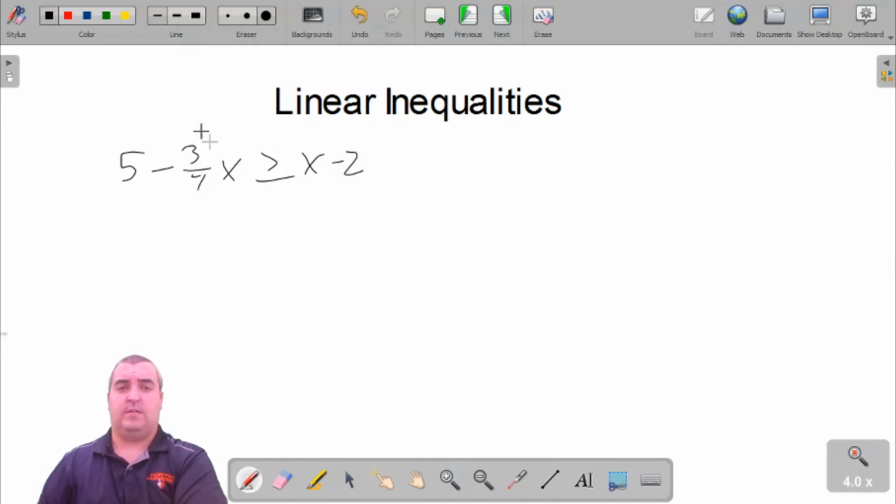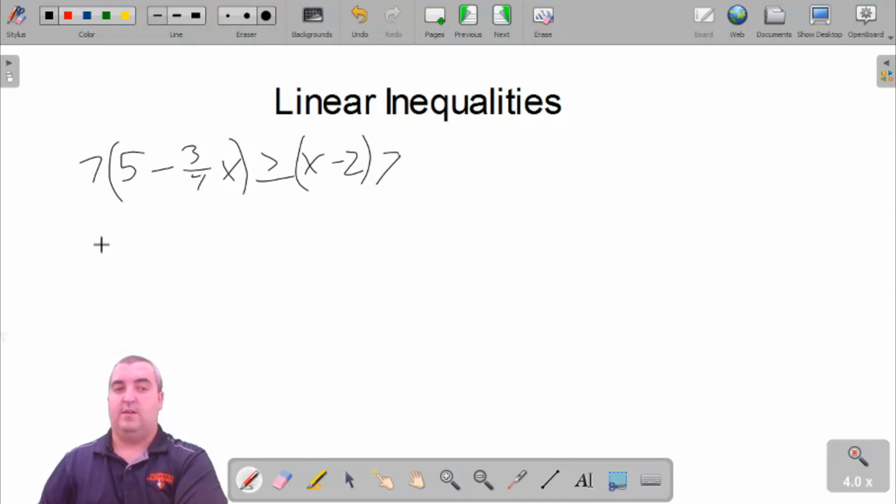So with this one, we see this fraction in here, and I know a lot of students don't like fractions. So when you're solving this, if you have one fraction or even a couple fractions, it might be a good idea to multiply by the common denominator to both sides. So I'm going to multiply both sides by 7 just to deal with this fraction.